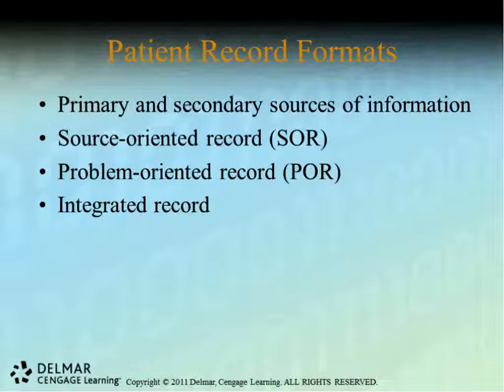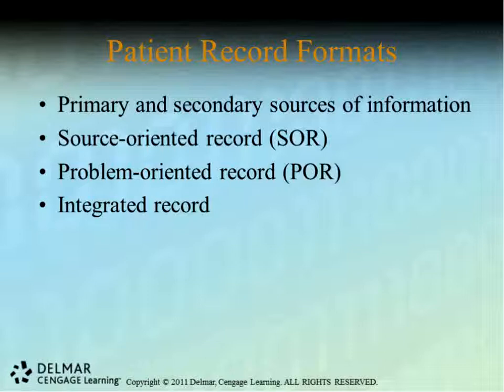If your documents are maintained in a source-oriented record format, basically your record is divided according to departments, which is equal to source. That's what we mean by source: your department. Each department will place the documents that they generate into their section of the record. Therefore, it's also known as a sectionalized record.